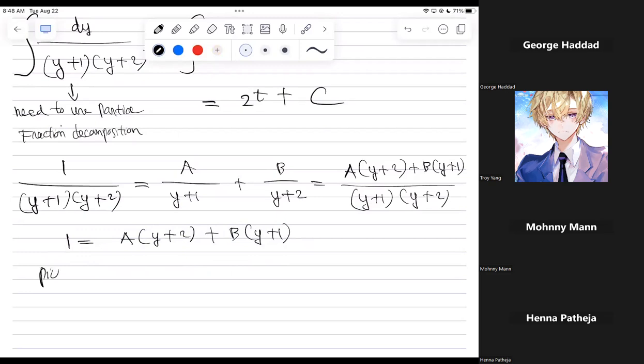For example, if I pick y equal to -1, this term is going to be 0, right? So the left-hand side I have 1, and the right-hand side I have A times -1 plus 2, so I have A. So A equals 1.